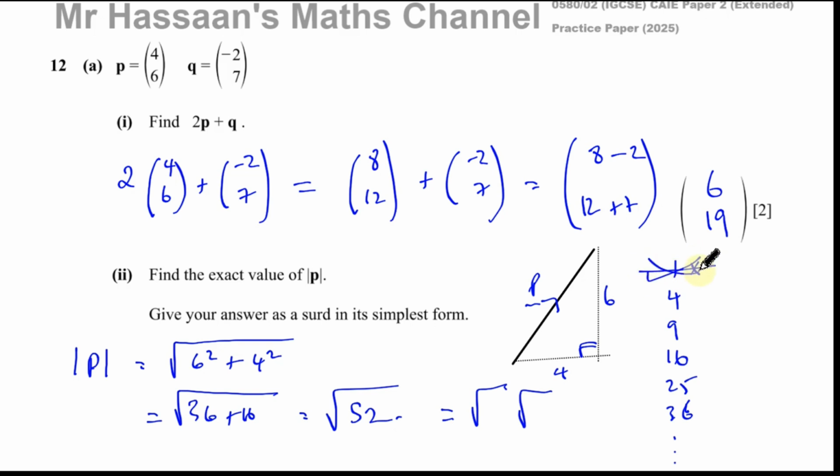We don't have to worry about 1 because it's not really a proper square number in the sense that it won't help you to break anything down. But for example, 4: 4 times something gives me 52. 4 times 13, because 4 times 10 is 40, and 4 times 3 is 12.